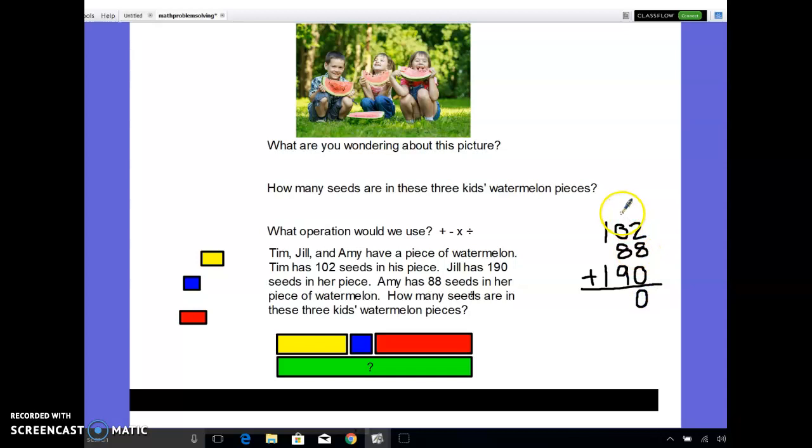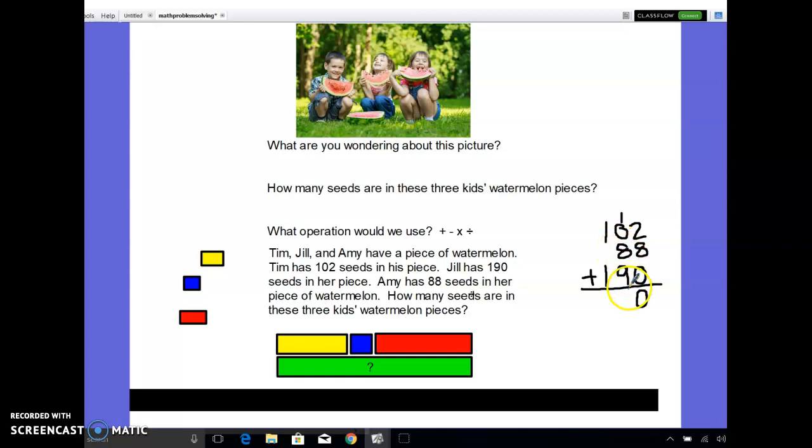And then I'm going to put my 1 ten here with these other tens. So I have 8 tens and 9 tens and 1 ten. Now I want to take this 1 ten and put it with 9. So then that gives me 10 tens. Oh goodness, what is 10 tens? That's 100.